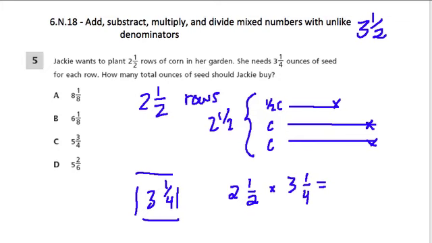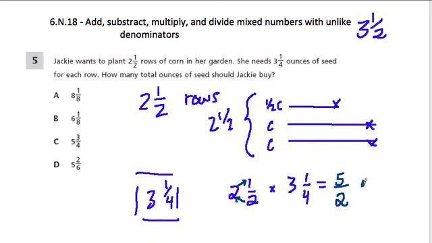Well, 2 times 2 is 4, plus 1 is 5. So that is really 5 out of 2. That's 2 1/2. All I did was take the denominator of 2 times 2, because it's 4, and then plus 1 more is 5 out of 2.